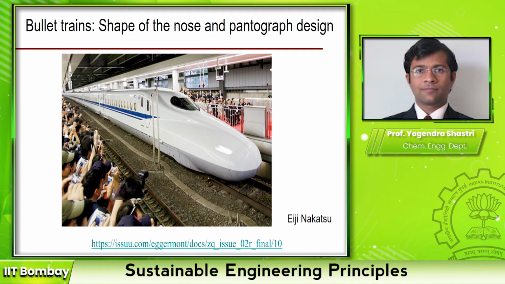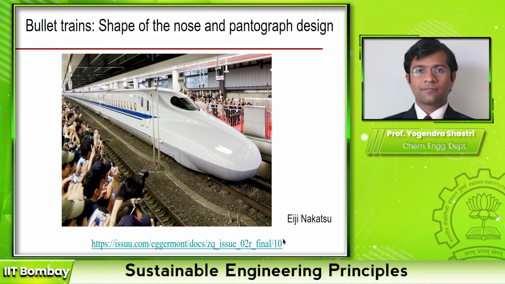So the bullet train manufacturers and the related people started to investigate why that is the case and how they can solve it. The particular individual who eventually solved the problem was an engineer known as Eiji Nakatsu.